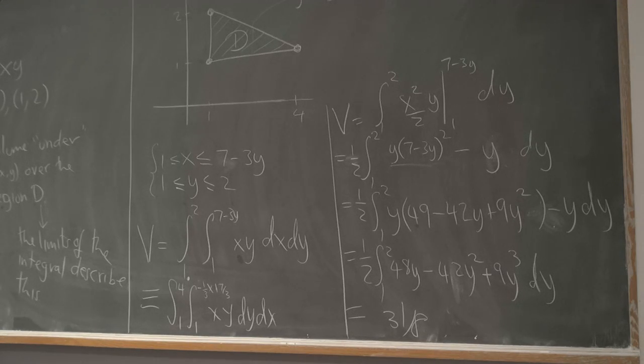It says bounded by y equals 1 minus x squared, and then y equals x squared minus 1, and planes x plus y plus z equals 2, and 2x plus 2y minus z plus 10 equals 0.